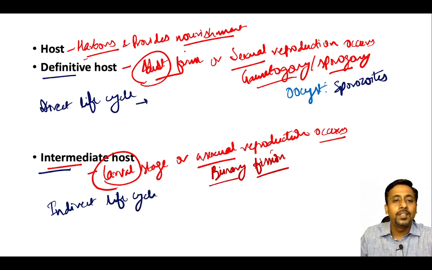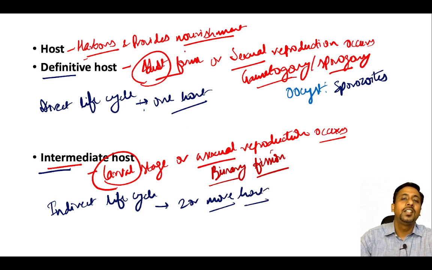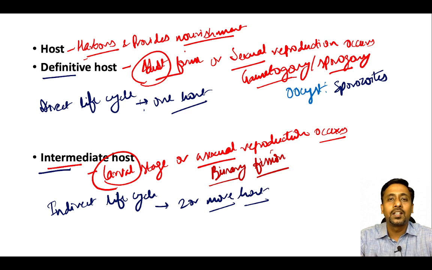Direct life cycle, when there is only one host. And when there are two or more hosts, then that type of life cycle is called indirect life cycle, because the total life cycle is not completing in a single host, it is utilizing an intermediate host. So such a life cycle is called indirect life cycle.